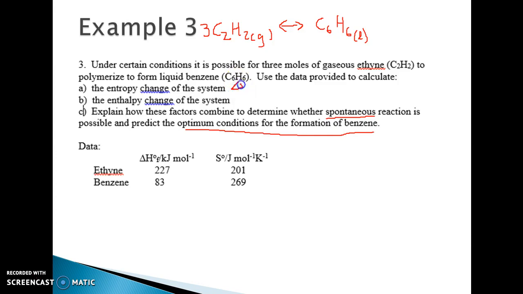So you're going to calculate the delta H of reaction. You're given heats of formation, so you're going to use the formula where you add up all of the heats of formation of the products and subtract all of the heats of formation of the reactants.